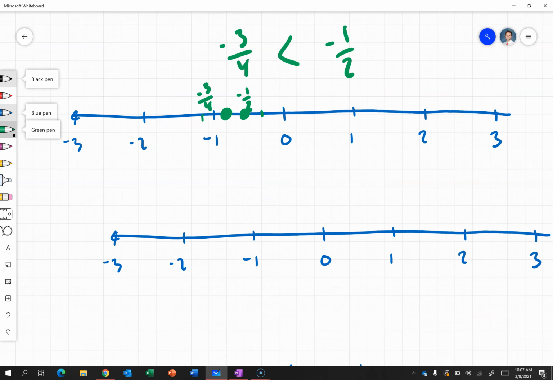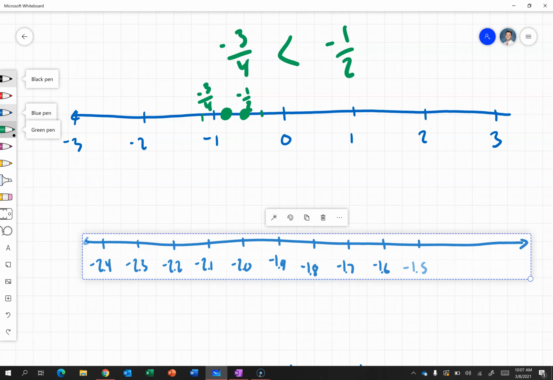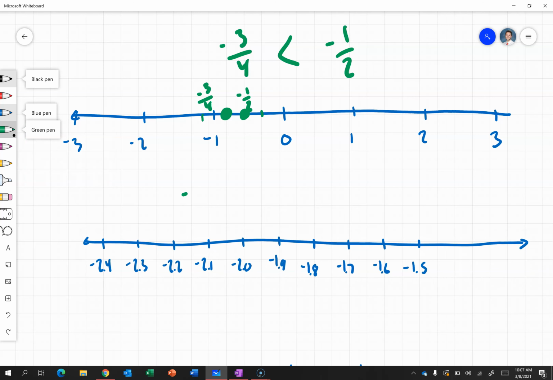Now if we wanted to look at another one here, we'll go ahead and order. So we're going to put in order from least to greatest the following three numbers. We've got negative 2.3, negative 1.5, and negative 2.0.